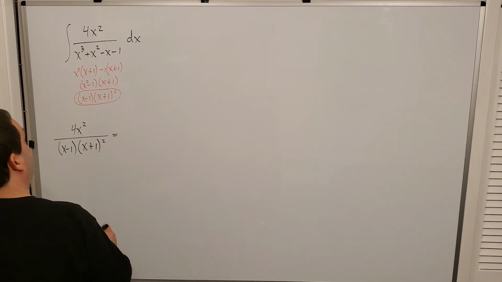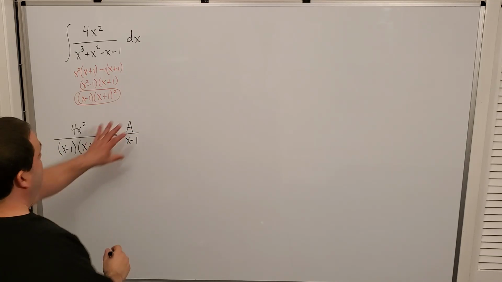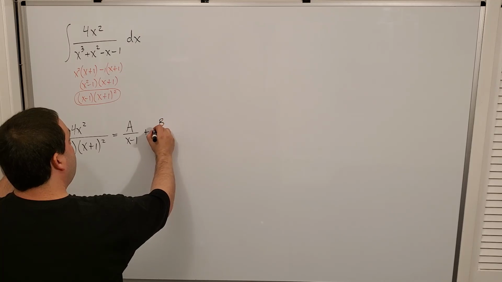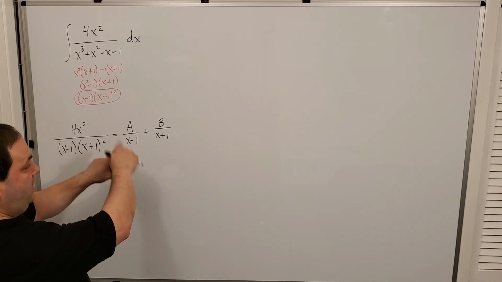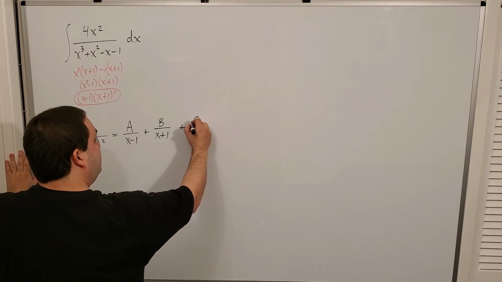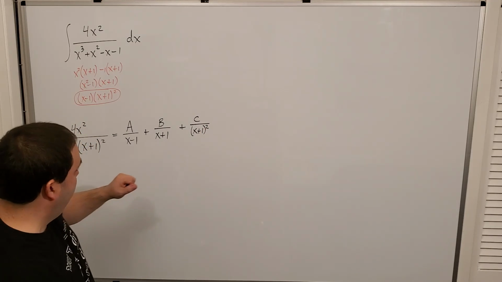So then I'm going to have to do A over x minus 1, and I'm done with the x minus 1, plus B over x plus 1. No squared yet, right? Because if it's repeated, remember I do all the powers. And then just C over x plus 1 squared.